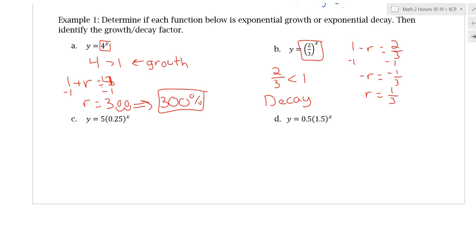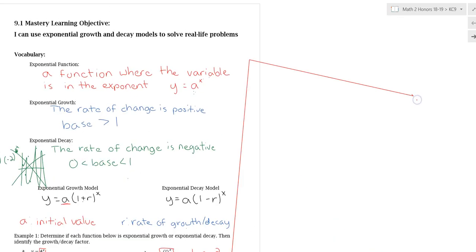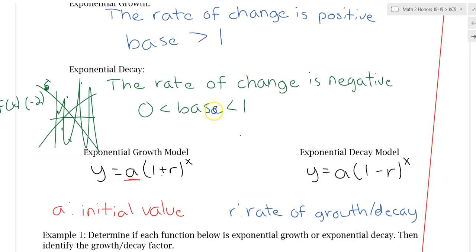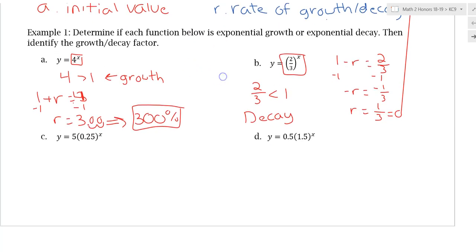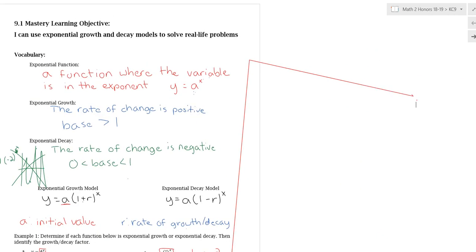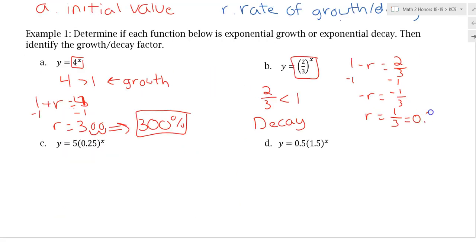I'm really just solving for r. I'm going to put it in decimal. So r equals 0.33 repeating, so that's 33% when I move that twice.